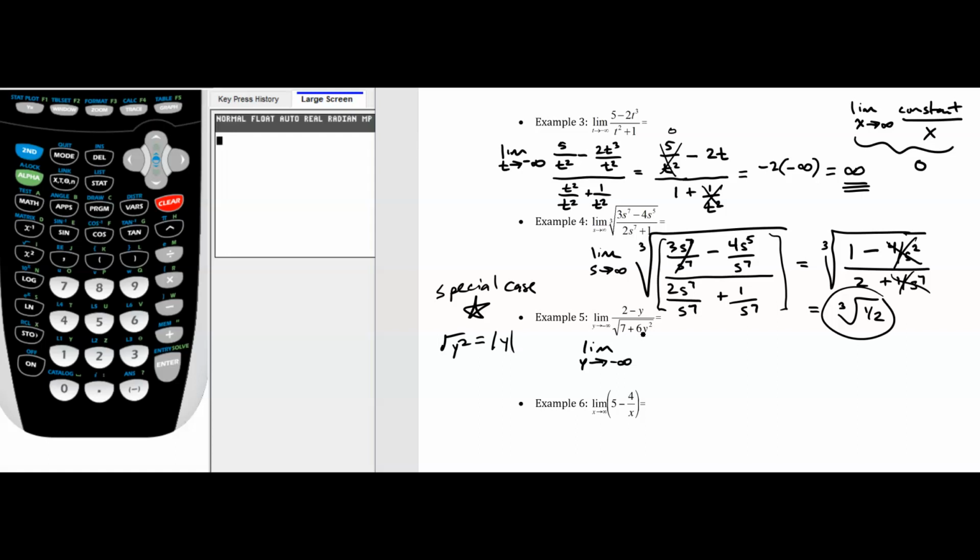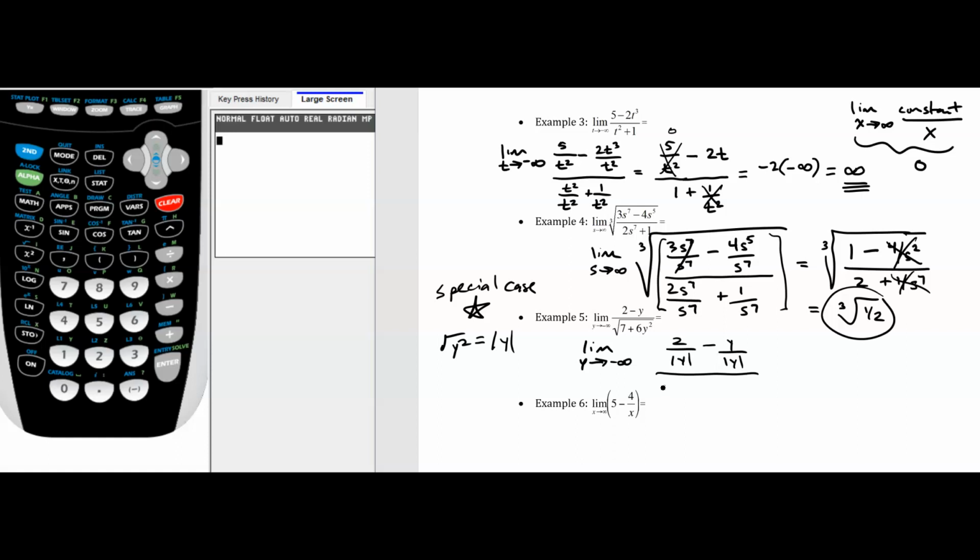So when I divide 2 by the root of y squared, I get 2 divided by the absolute value of y, minus y divided by the absolute value of y.